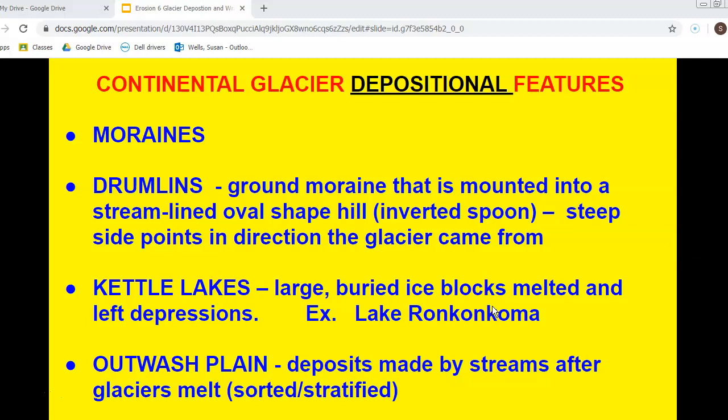We have a very large one around us called Lake Ronkonkoma, and I'm going to show you how that forms. And we're going to show you about an outwash plain. An outwash plain is made by the streams when glaciers melt. And because it goes into a stream, an outwash plain is always going to be sorted and layered.